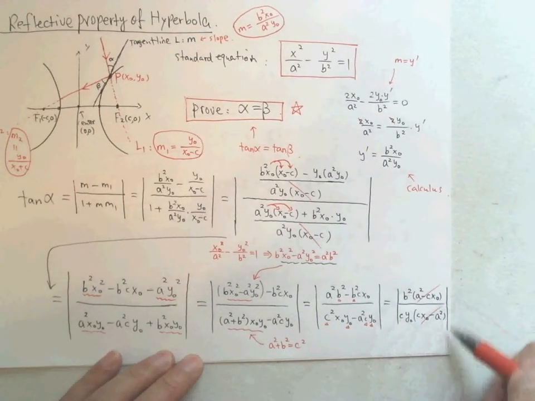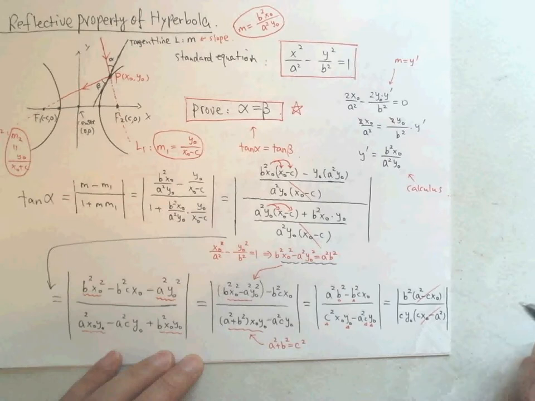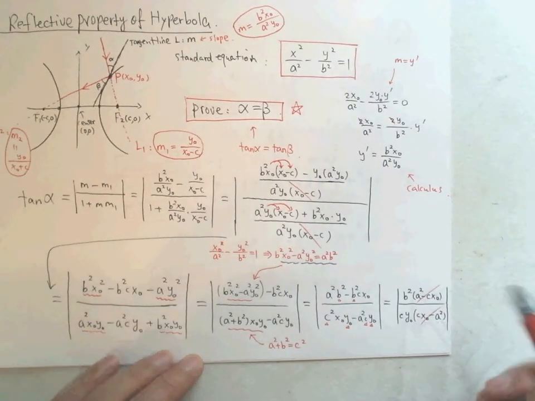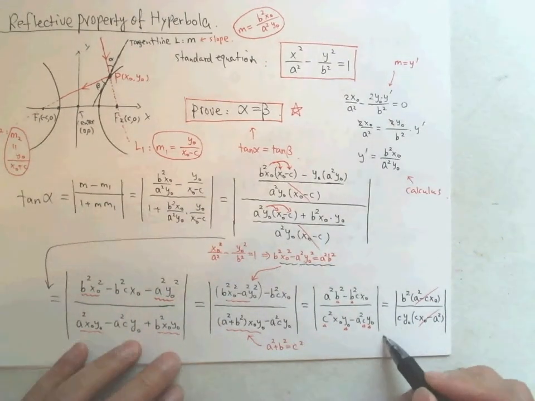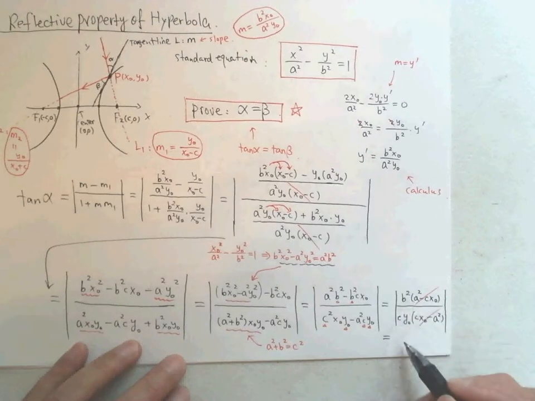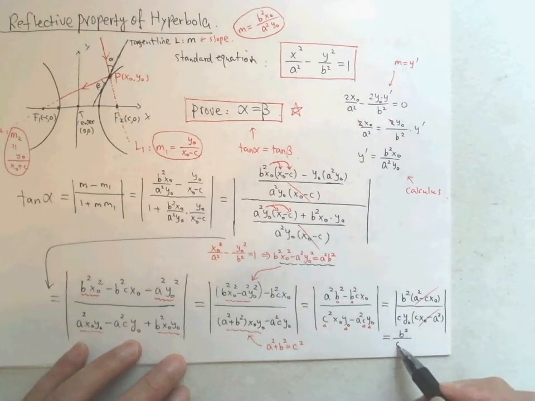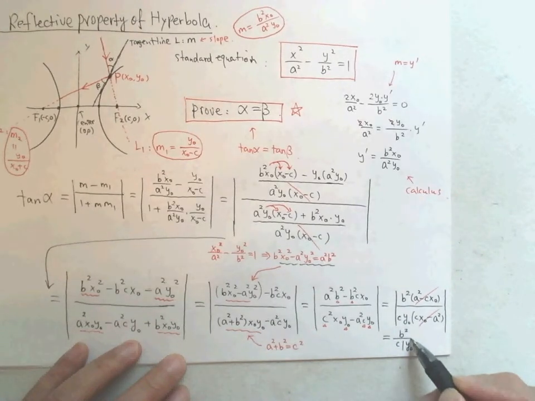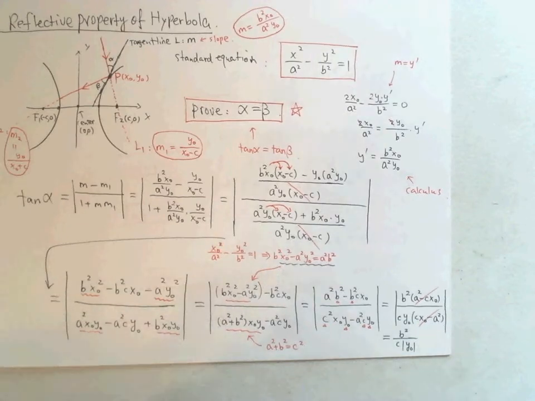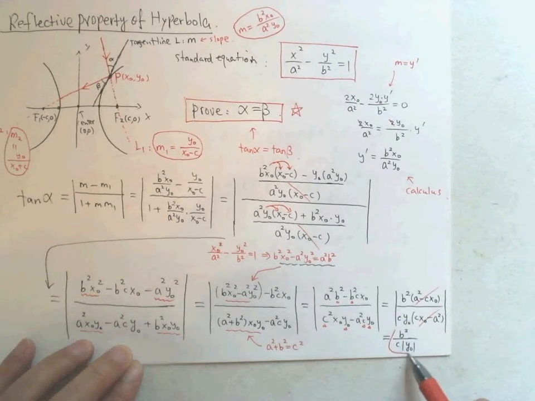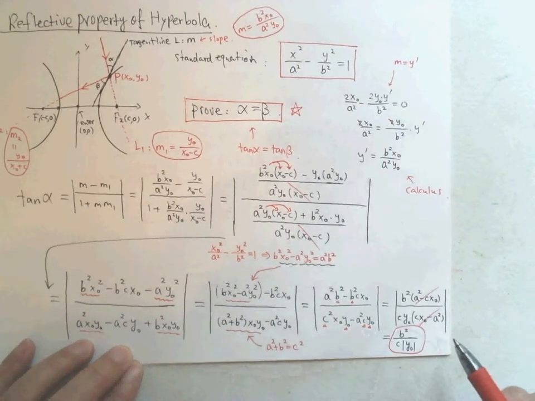Everyone, don't worry. So this term and this term are opposite, but when we put the absolute value, they cancel. So the final one, the simplest one we get now, is b square on the top over c absolute value of y. Everyone, can you find this?